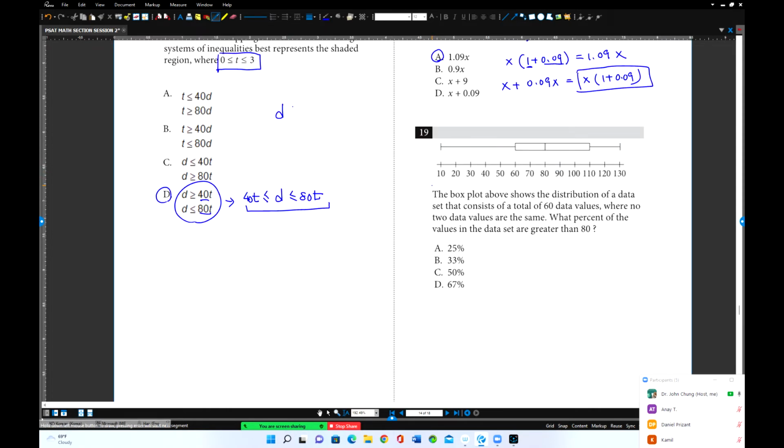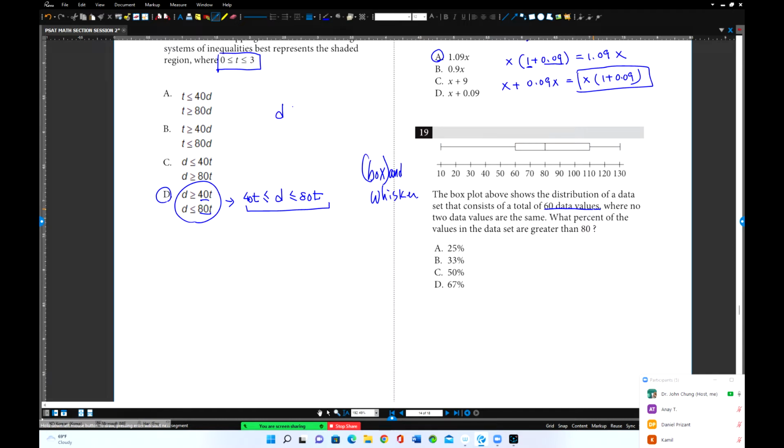That is a box plot, okay? But its exact name is a box and whisker plot, okay? But just simply, right, we say box plot. Okay, that shows the distribution of a data set that consists of a total of 60 values, 60 data.